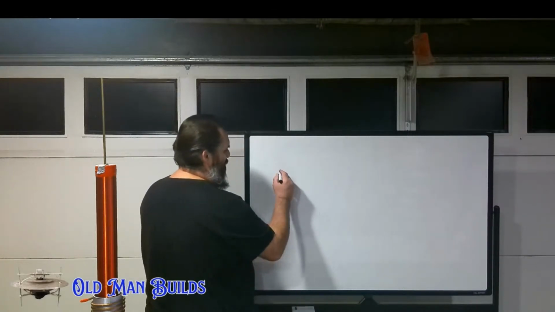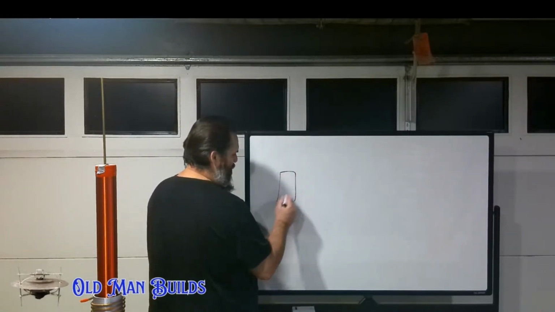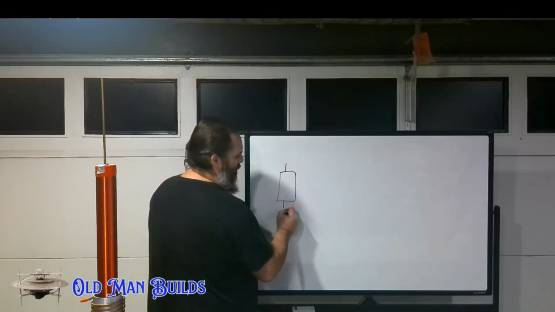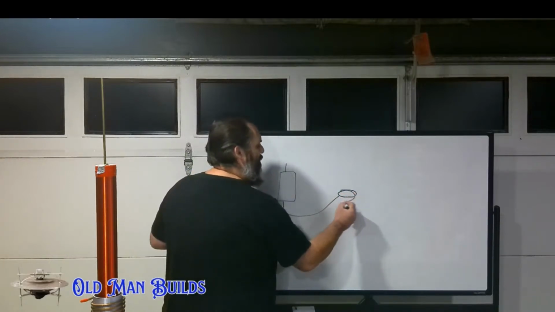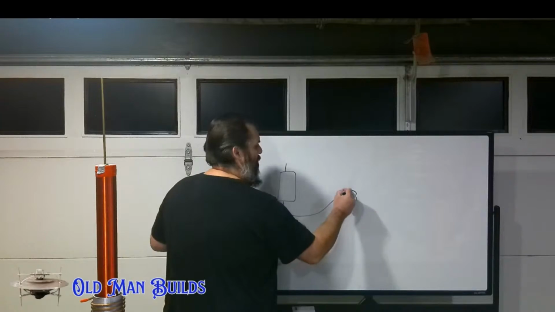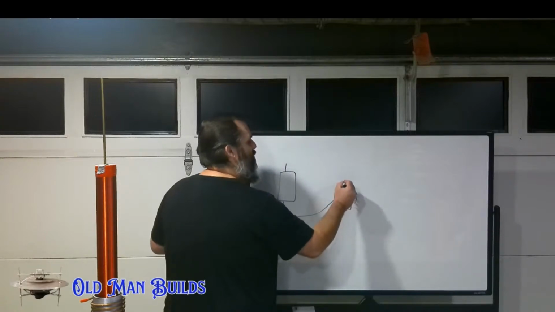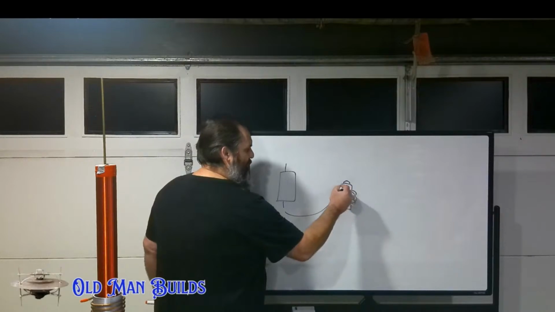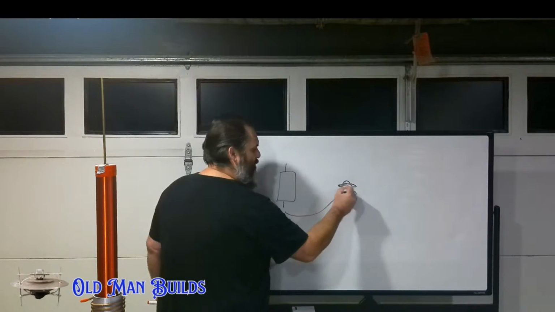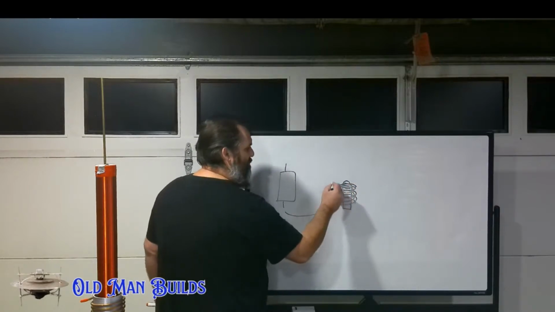When I take a can, take my Tesla coil, and go over here, and I am simply creating a wrap around a soda pop can, right? I create another wrap which looks like this is a loop, and then I'm going to wrap them together, so I'm going to draw them as one, like this.